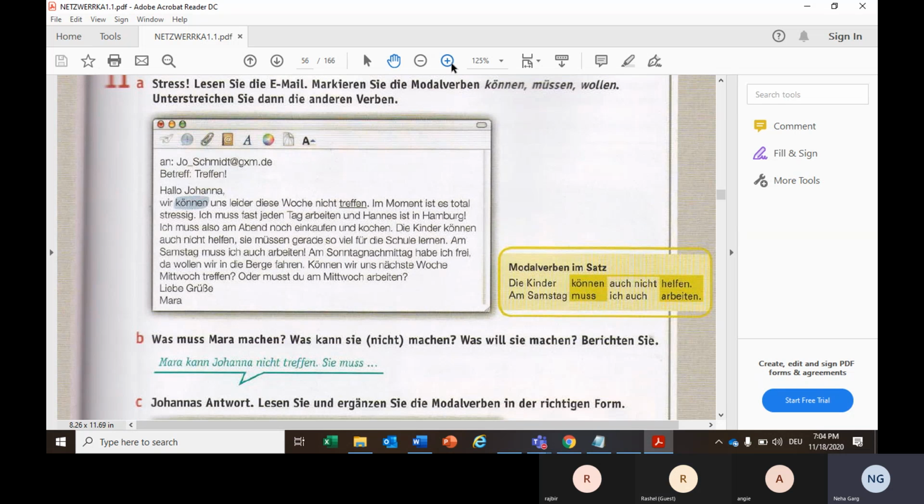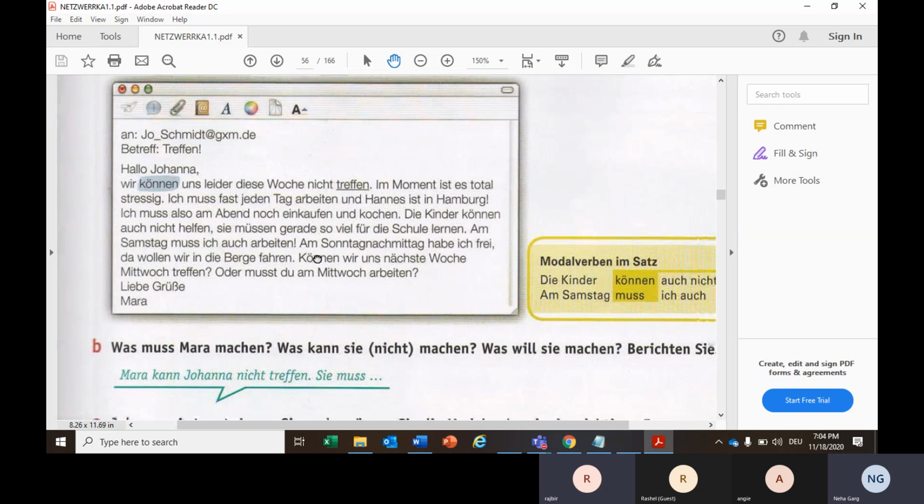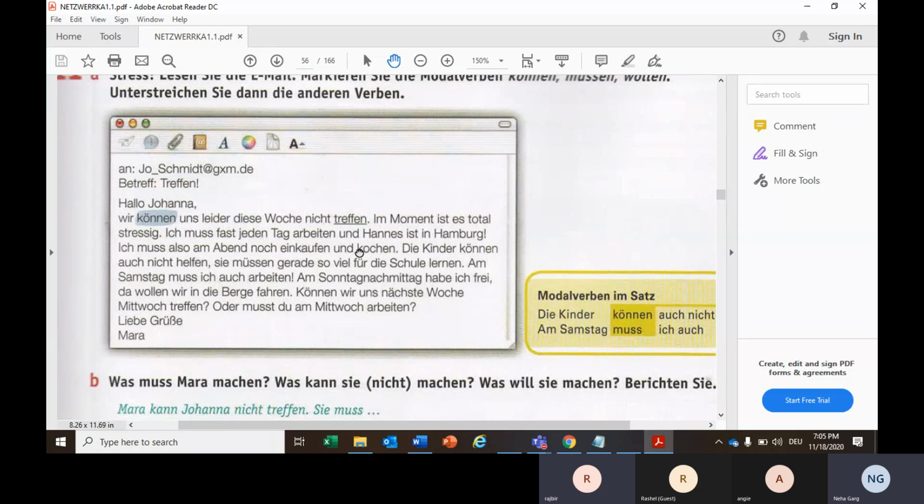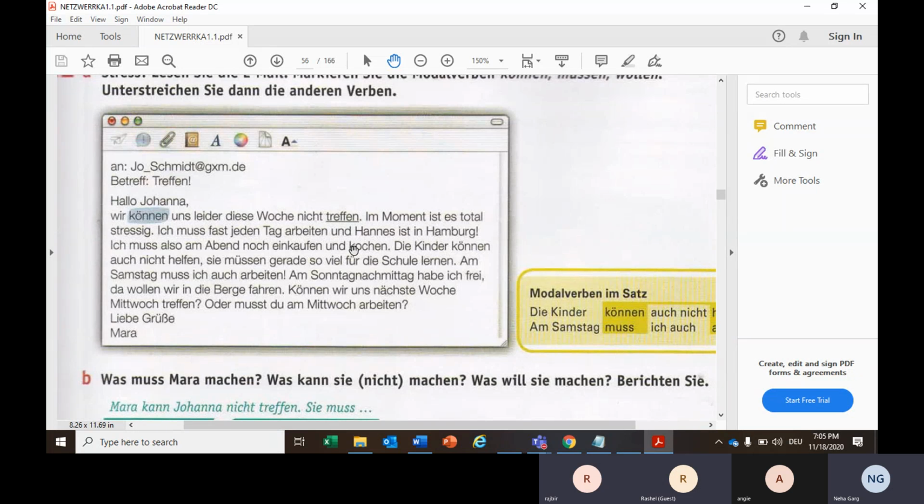Rajbir, can you read it? From where, ma'am? From this particular page. Hello, Johanna. Wir können uns leider diese Woche nicht treffen. Im Moment ist es total stressig.